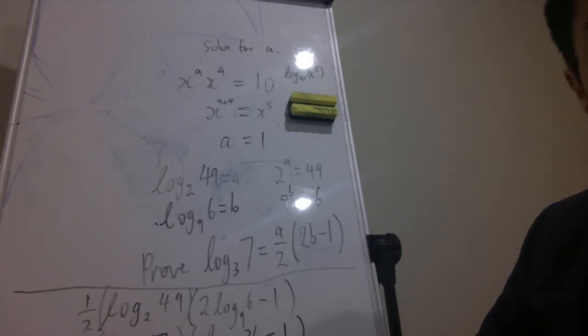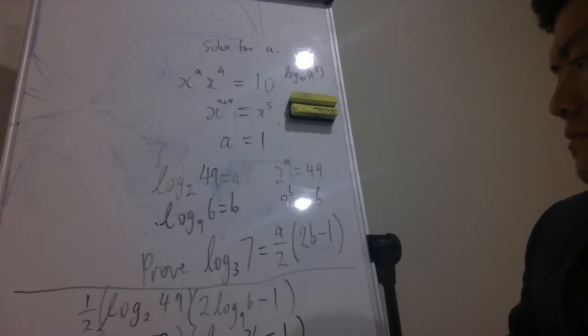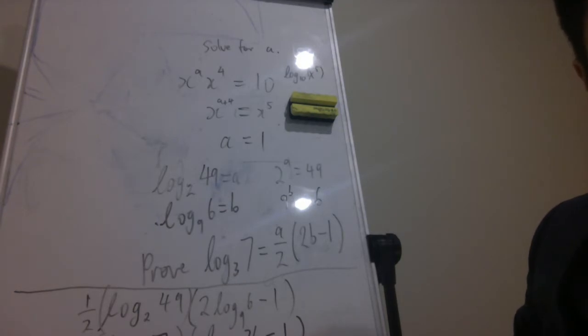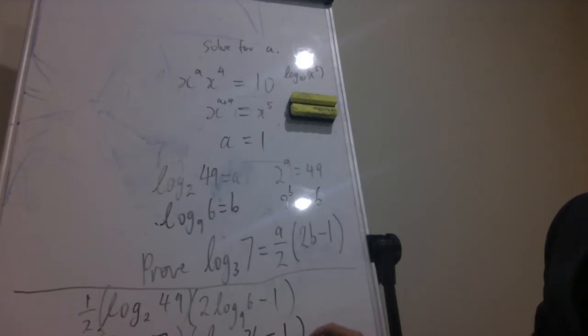Should we simplify the base of the second one to log 3? It's hard to change the base, but the fact that you have 36 here, I mean, it's 9 times 4, right? Yeah. I mean, the only reason I see this is because you have a 1 here that's waiting to cancel with it.